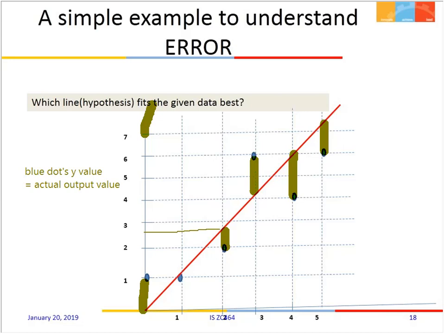You know that the output is plotted on the y axis. So the predicted value is actually the y value of the intersection point on the red line. Is it okay?